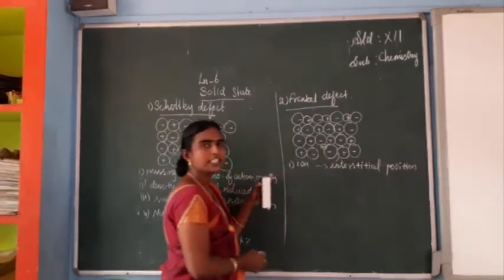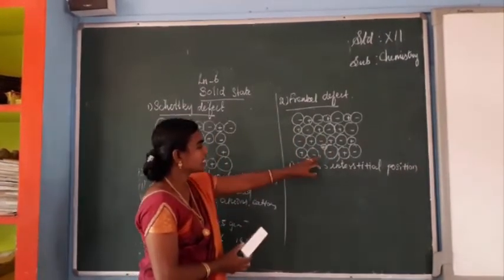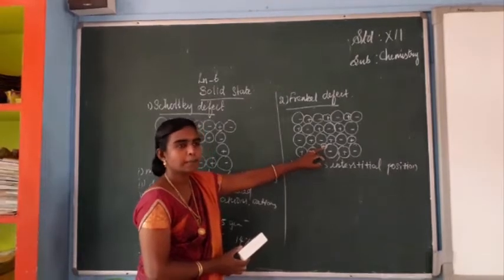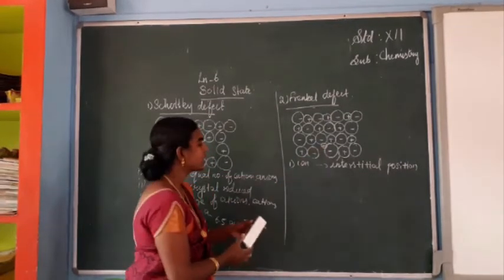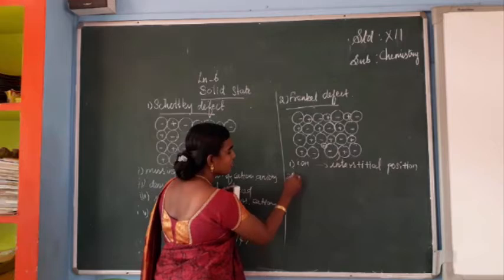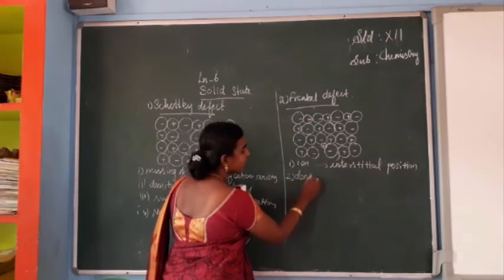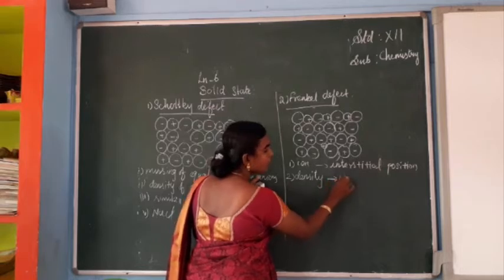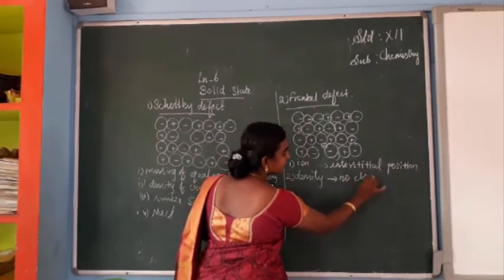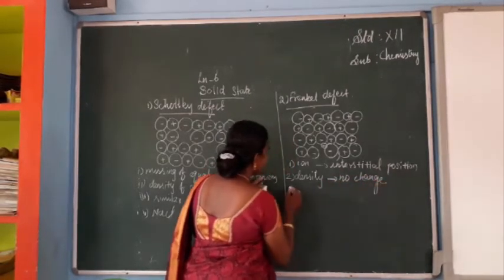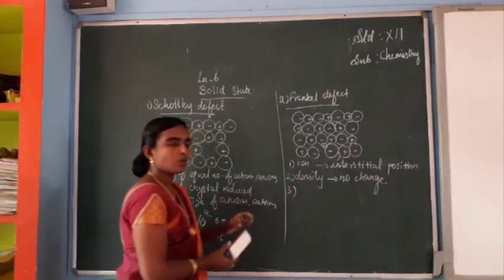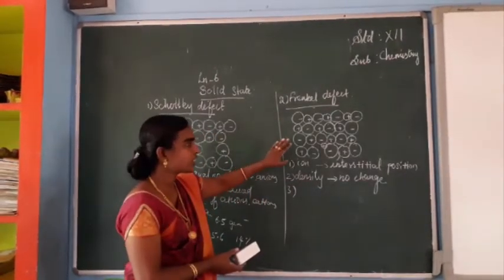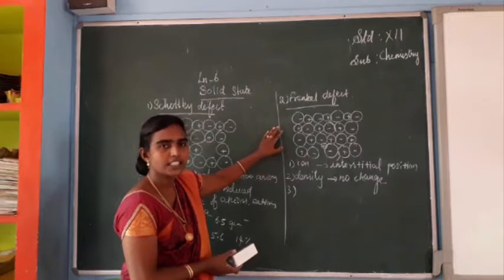So what about the density? It has just moved its position, but the density of the crystal will not change. Okay. So density of crystal, there is no change. Next. Here the number of positive ions and negative ions is equal, isn't it?